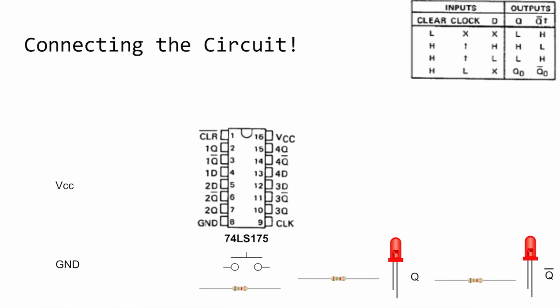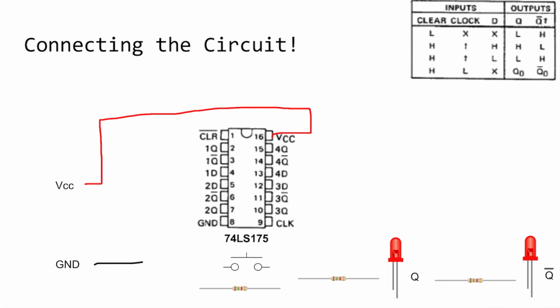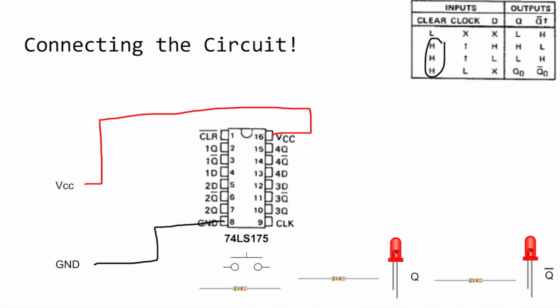So, like usual, VCC should be connected to the VCC part of the chip, and ground should be connected to the ground of the chip. And for clear, we are going to connect it to H, which is VCC.